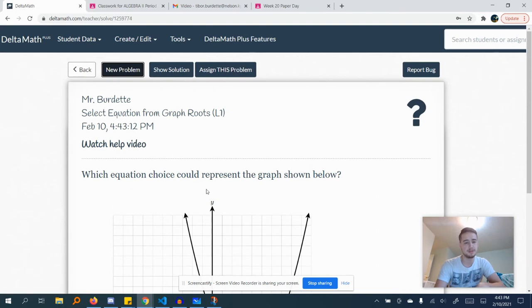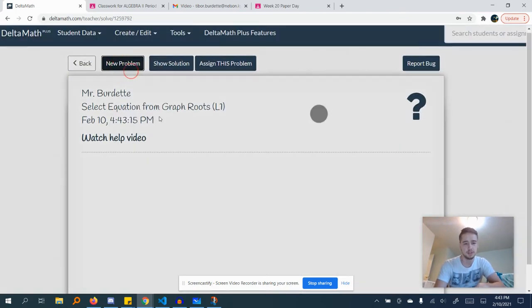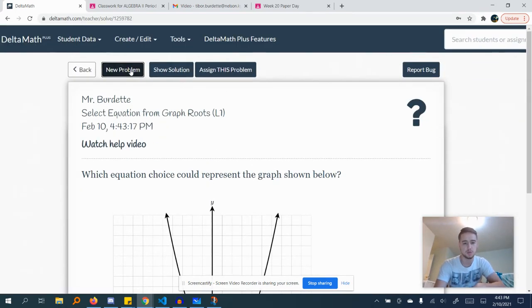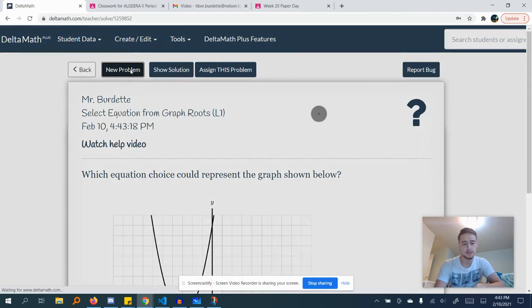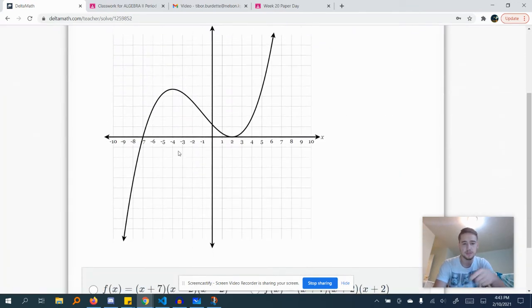So we'll go to another problem just for the same thing. I'm actually going to do a new problem because I want to do one that gets all squiggly. There we go. For this one, it bounces, meaning at the point where it bounces off the x-axis, we know that root has an even multiplicity, which is a fancy way of saying it happens an even number of times with that factor.